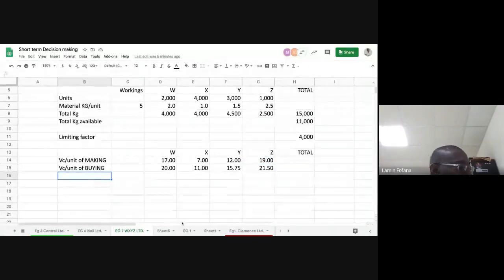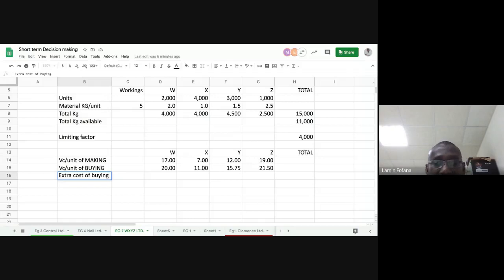So let's find our extra cost of buying. This is going to be more expensive to buy in each situation. So we'll take the extra cost of buying, the buying price less the making price.